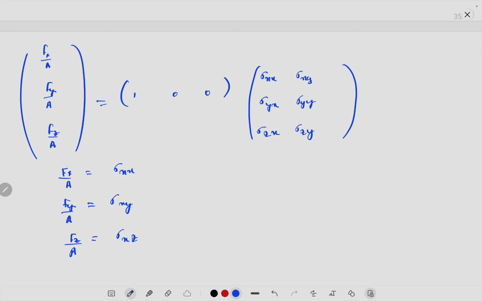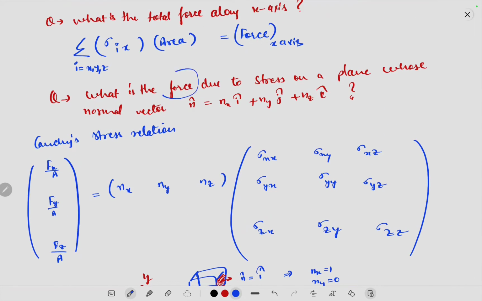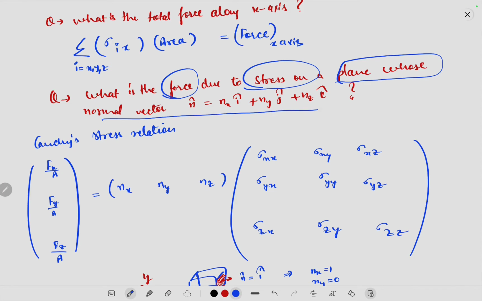Okay, so this is how we can use the Cauchy stress relation to find the force due to stress on any plane whose normal vector n hat is given.